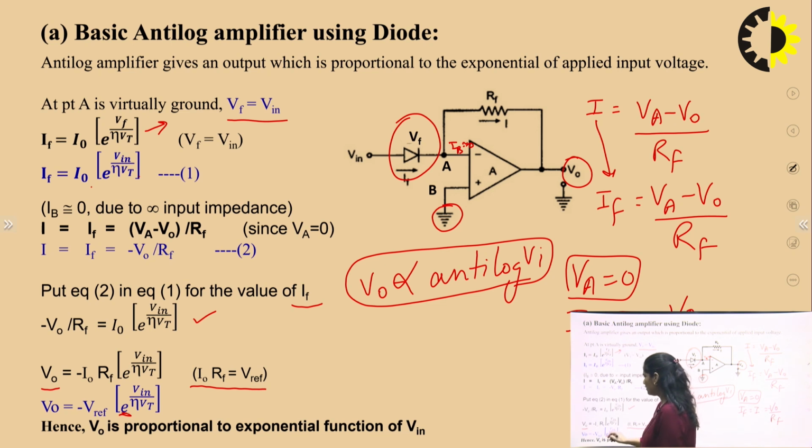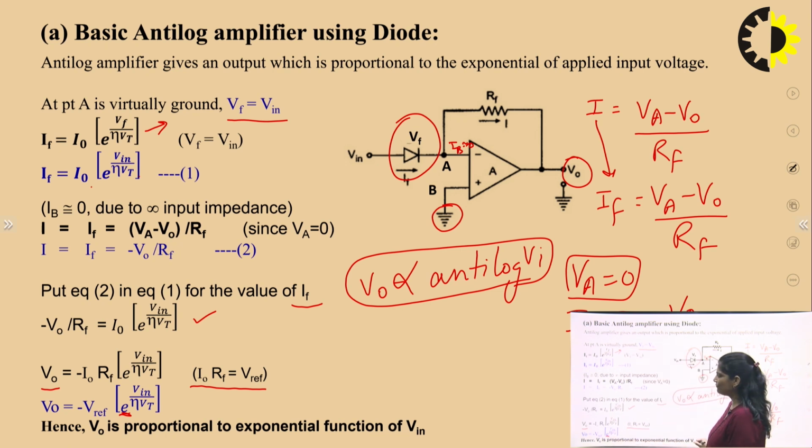Here we get an exponential term, so V naught is proportional to an exponential function of V in. It means the output voltage is directly proportional to the anti-log of the input voltage. So this is proved.